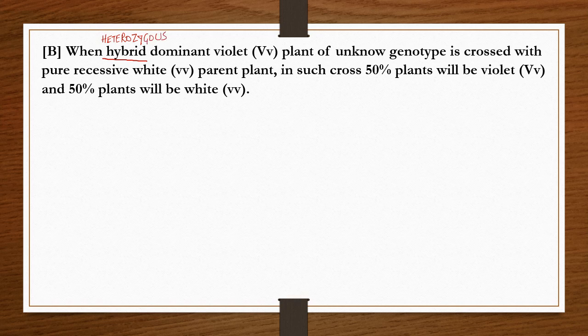So when a heterozygous dominant violet plant, capital V, small v, or capital W, small w, of unknown genotype is crossed with a pure recessive white, that is small v parent plant, in such a cross, 50% of plants will be violet and 50% of plants will be white.